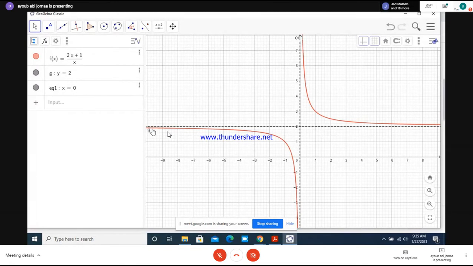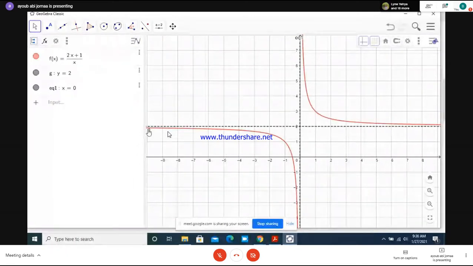Not exactly 2, but the limit is 2, just the horizontal asymptote. And here, if you are going to set up the table of variations, the graph decreases from 2 to negative infinity. But here are values of y, not values of x.